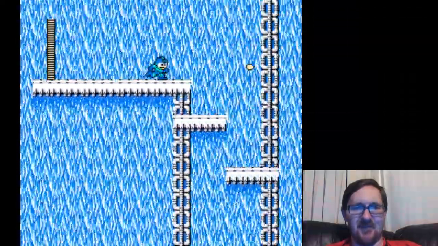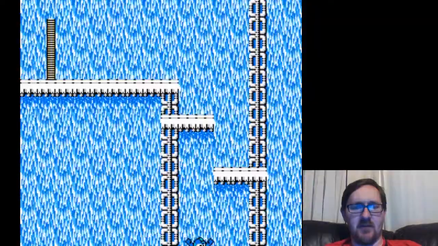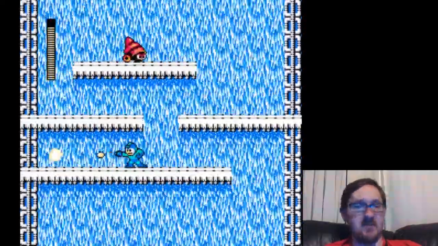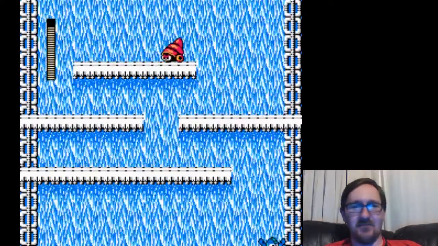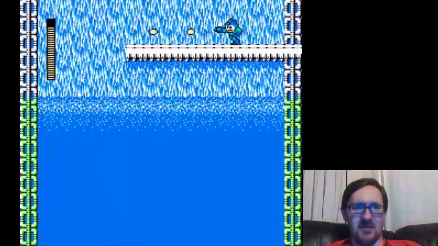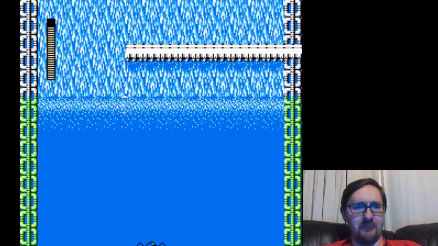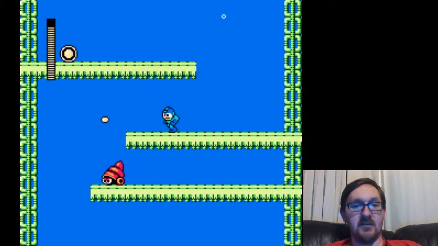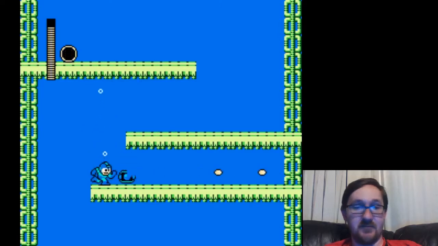Not quite sure exactly how that works, but, you know, I'm not a mad scientist, so there you go. Same thing with this. Like a hermit crab that just rolls back and forth, that doesn't seem particularly menacing to me. But it's good because I can get little power-ups and stuff. Never hurts to have power-ups.